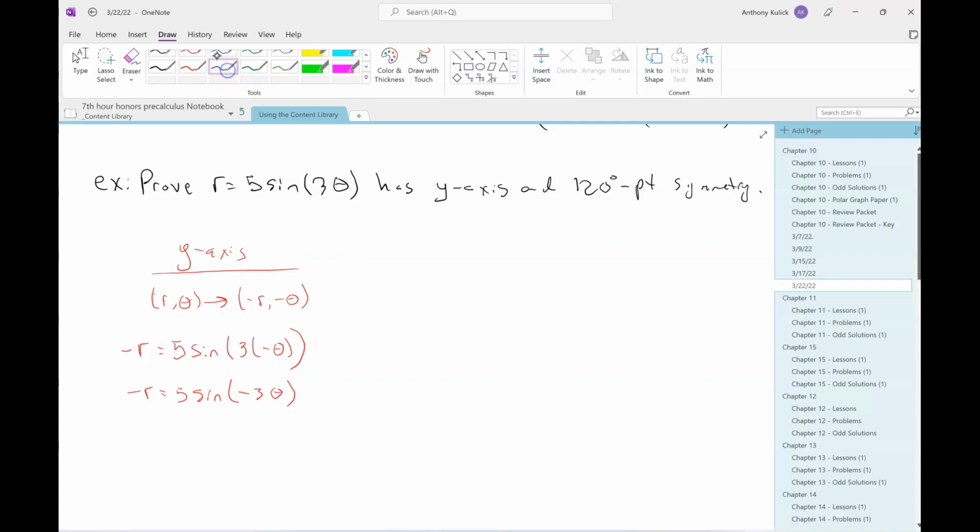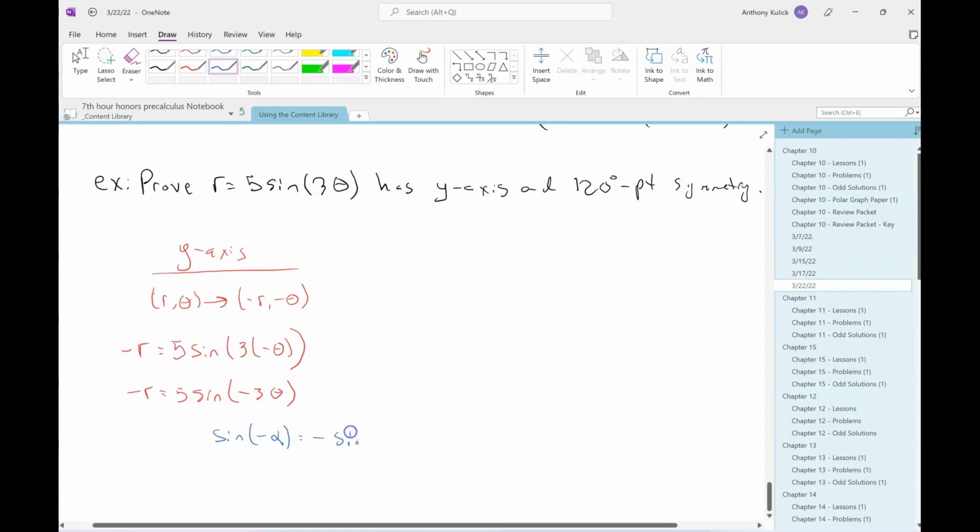Now, aha! I see an identity that I can use here. Does anybody see the identity that would be helpful in this situation? I would not use a double or triple angle or angle sum identity, although you could, but boy, oh boy, that's going to get pretty yucky pretty quick. I'm going to use the odd-even identity, the one that says sine of negative alpha is equal to negative sine alpha.